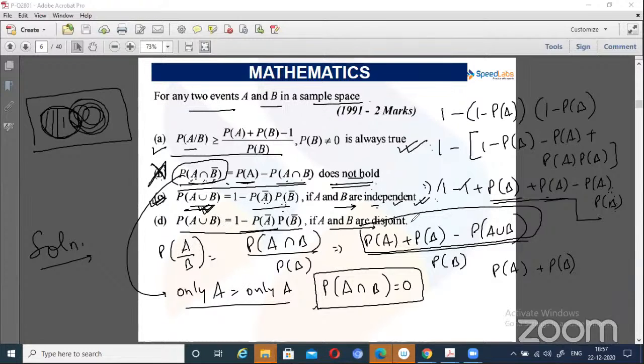And if A and B are disjoint, then A union B is 1. If A union B is equal to 1 minus PA complement into PB complement, okay.